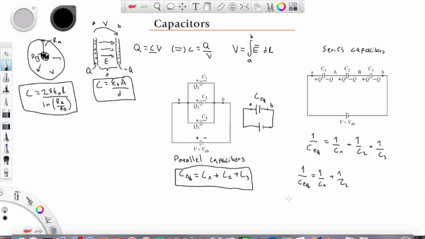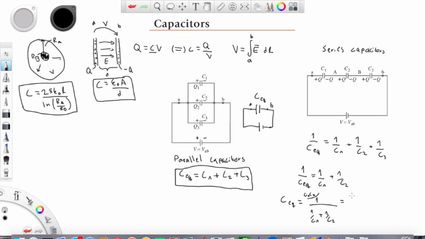So if we solve for C equivalent, we get 1 over C1 plus 1 over C2, just by flipping the whole thing over. And now we multiply both numerator and denominator by the product C1 C2.